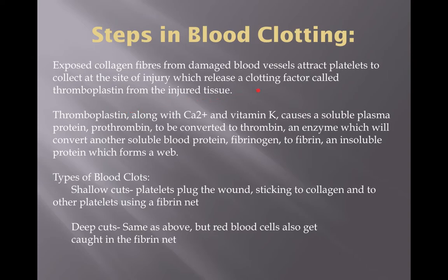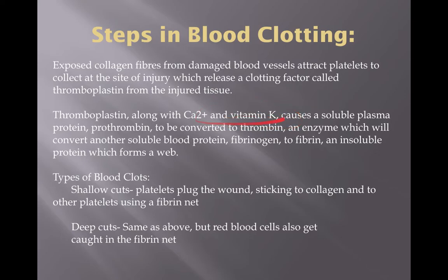So again, the collagen fibers are exposed, like frayed ropes. The platelets stick to them, and when they do, they release a clotting factor called thromboplastin. Now, calcium is in the blood, and so is vitamin K already.